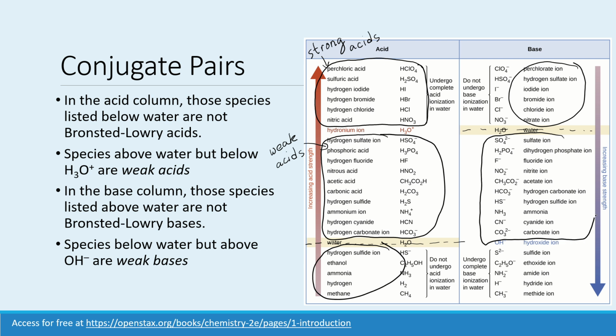And then below the water line, as long as you are above the hydroxide ion, those are going to be your weak bases. And below the hydroxide ion, those will be considered your strong bases.